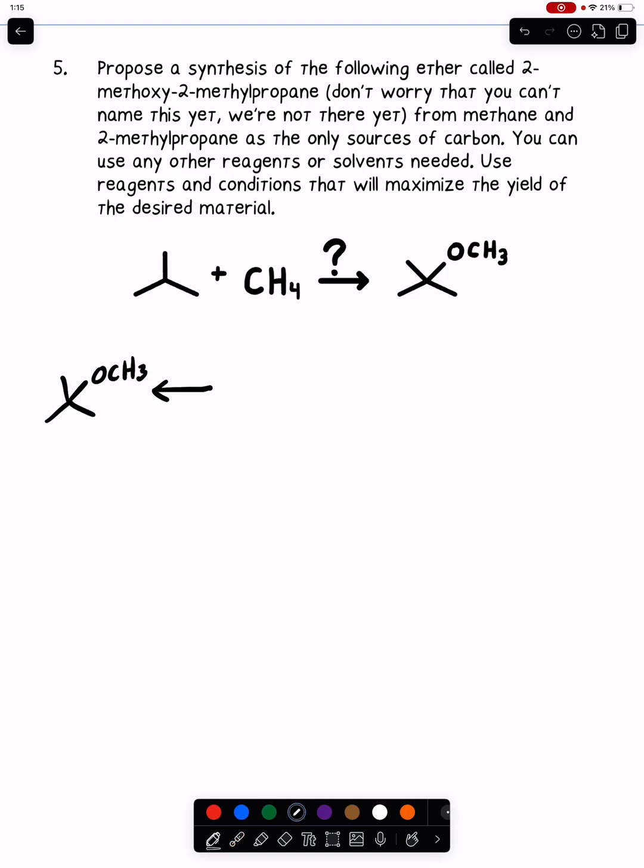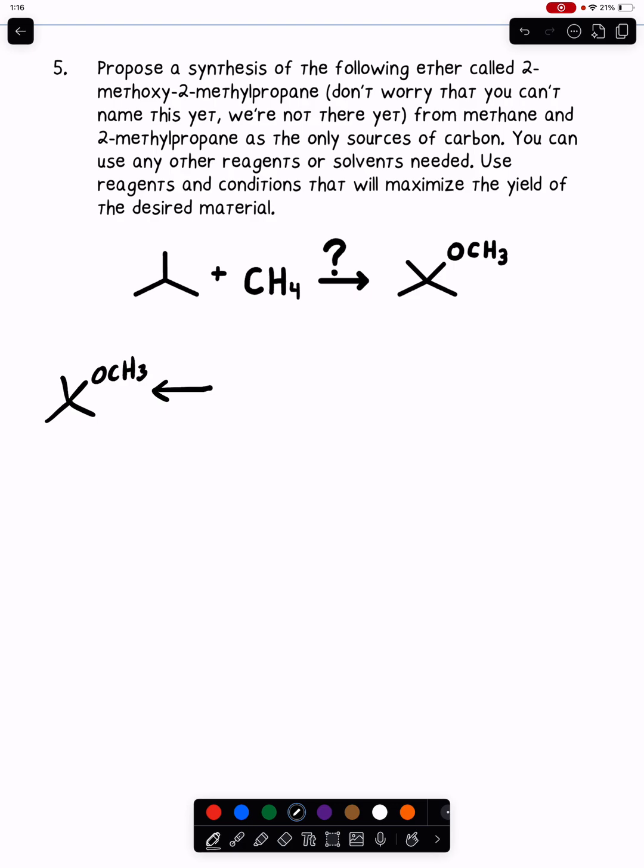It is an ether. And I'm asking myself, at this point in the book, how do we know how to make an ether? Well, we can do SN2 reactions using some sort of alkoxide ion, or we can do an SN1 reaction using not the alkoxide ion, but the alcohol itself. So we could do this either way here.